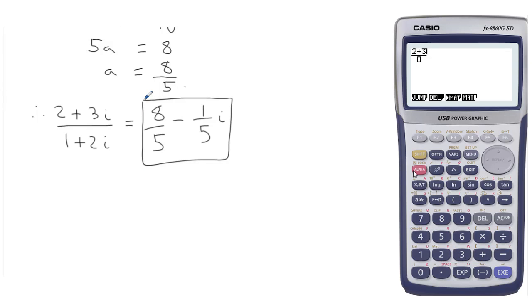Remember, i is just above the 0, so Shift 0. Over 1 plus 2i. That gives us an answer of 8 over 5 minus 1 over 5i, and you could get that in decimal form as well.